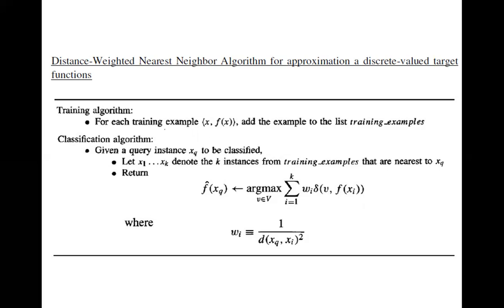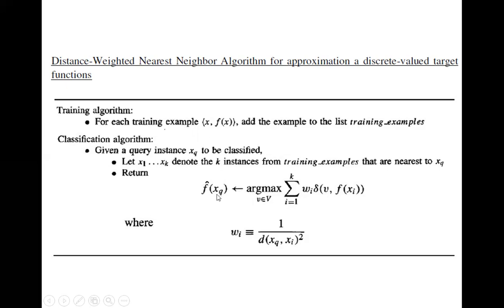You can see here we are multiplying the weight to the function, to whatever distance you have calculated. For that, we multiply it with the weight, and it will return the maximum value.